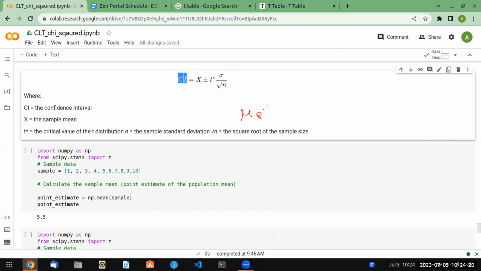So mu population will be between mu sample minus T star sigma over root n, comma, mu sample plus T star sigma over root n. This is my confidence interval. So if I have chosen alpha as 0.05, I can say the mean of the population will lie in this interval with 95% confidence.